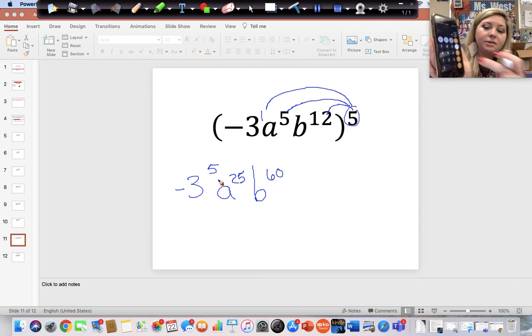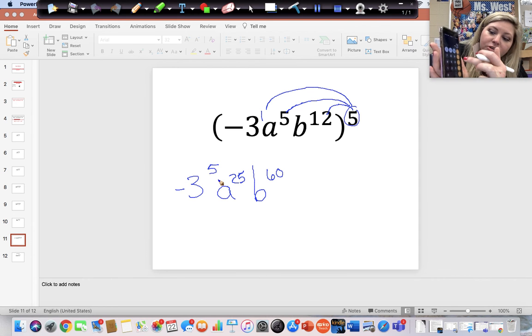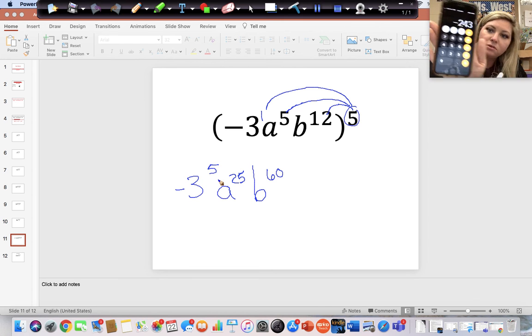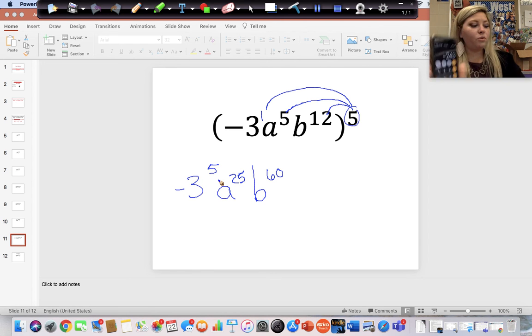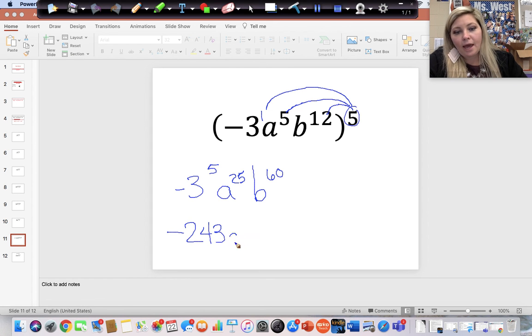So times -3, that's 2, times -3, that's 3, times -3, that's 4, times -3, that's 5. And then press equals. And it's -243. So this could be simplified further to -243, a to the 25th times b to the 60th.